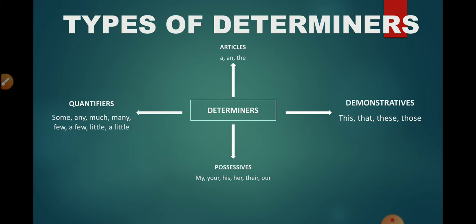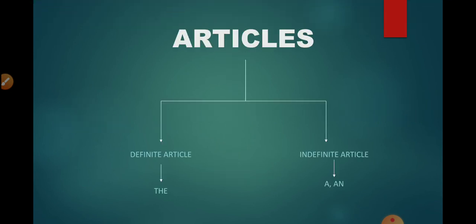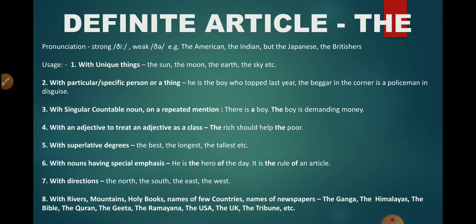So let's move to the first type of determiners, that is article. Articles are of two types, one definite article and the second indefinite article. Definite article is only the, and indefinite articles are a and an. Fine. So let's move to the definite article, the.